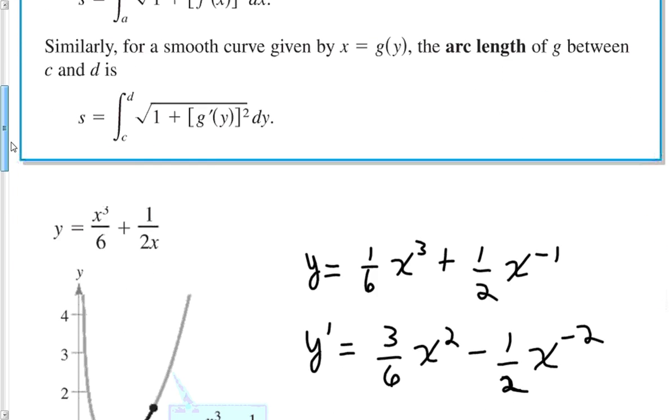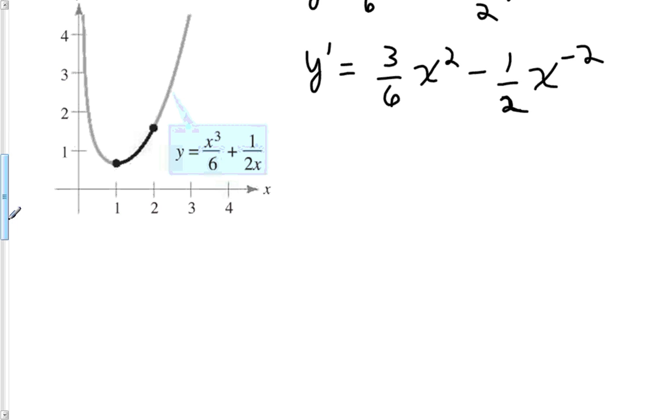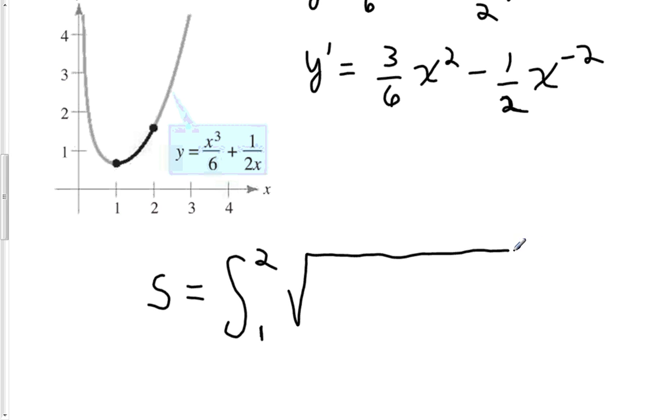The arc length s is going to be equal to the integral from a to b, which in our case is from 1 on the x-axis to 2 on the x-axis, of the square root of 1 plus the derivative that we just found, squared.